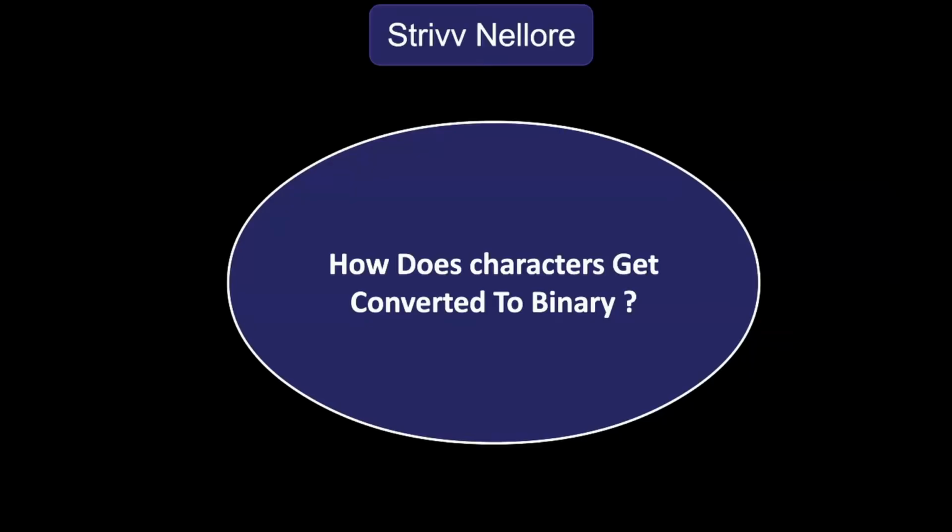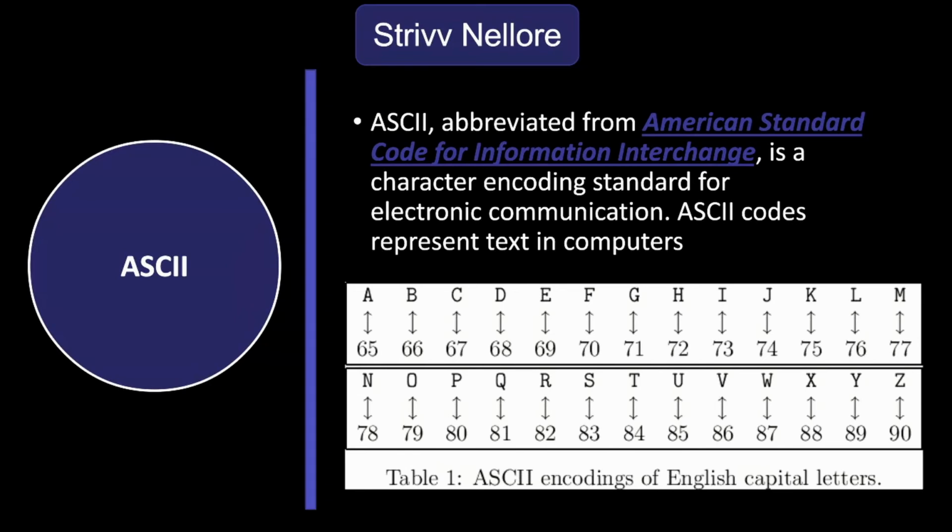Now you may have a doubt: how do we represent characters? We deal with characters, like for sending email you need to type characters, for searching in Google you need to type characters. So how do these characters get converted to binary? For this there is a character encoding called ASCII, American Standard Code for Information Interchange. It applies globally. A is represented as the decimal 65.